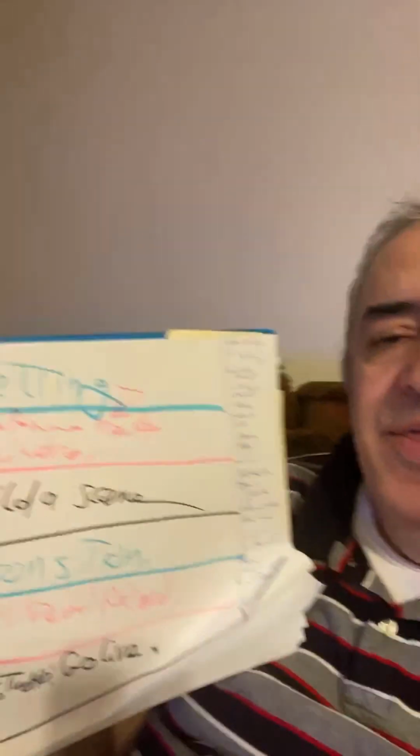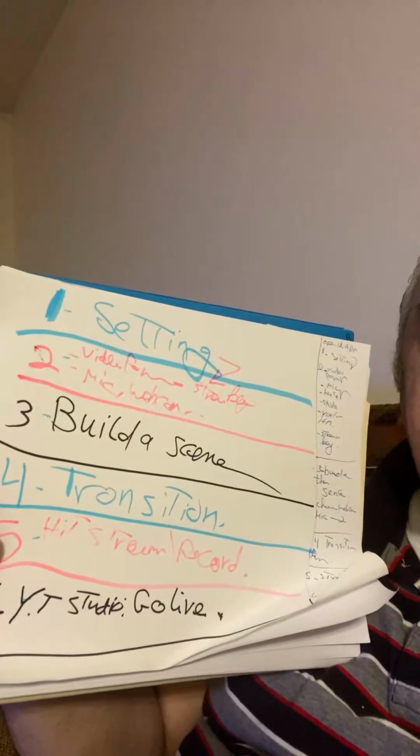So the first step to set up OBS for live streaming is the settings. You go to the settings button, and once you hit it, you get another screen. In that screen, you can go through the video settings. What format? Usually it's H.264, I think.